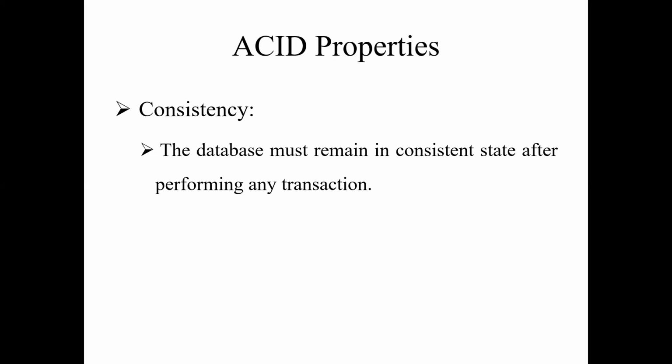For example, in an application that transfers funds from one account to another account, the consistency property ensures that the total value of funds in both the accounts is the same at the start and the end of each transaction.